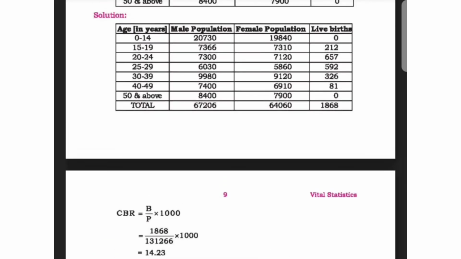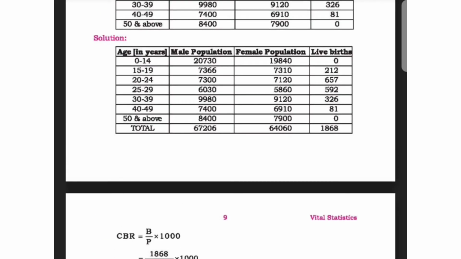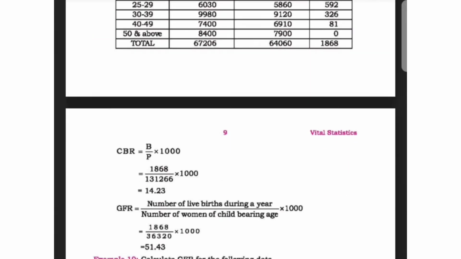What is the total population? It means male population plus female population. You have to take a total of male population, a total of female population, and a total of live births, and substitute in the formula. Live births divided by male plus female into 1000. Be careful, into 1000.